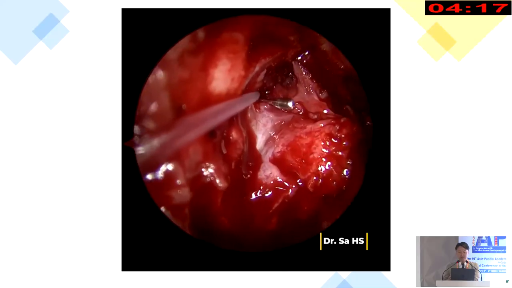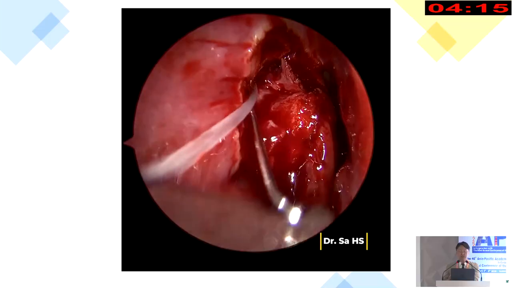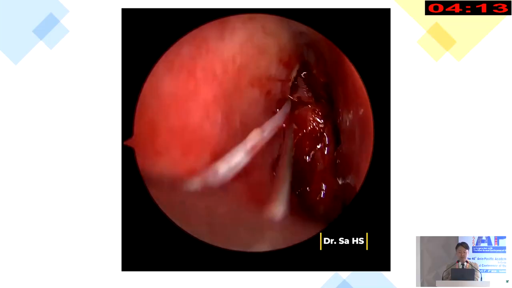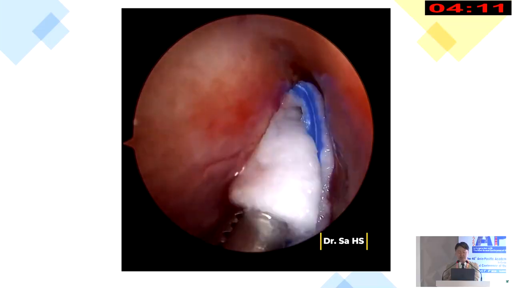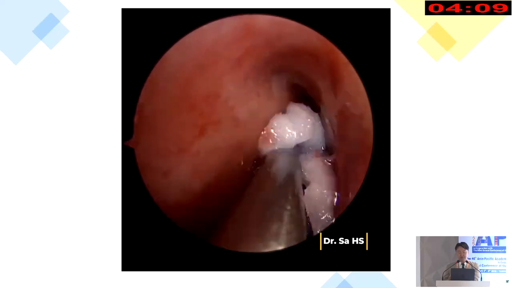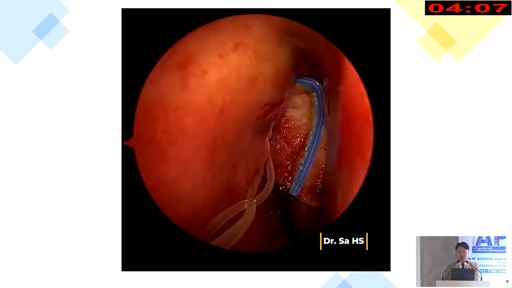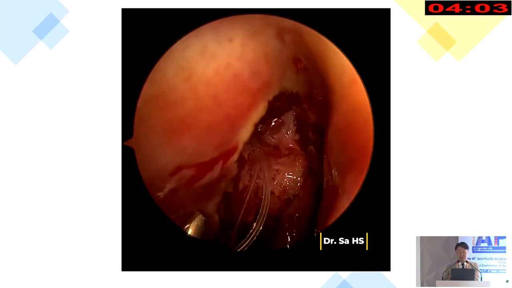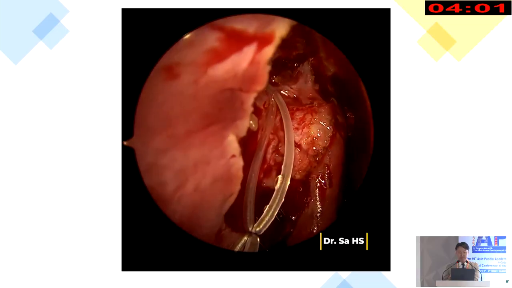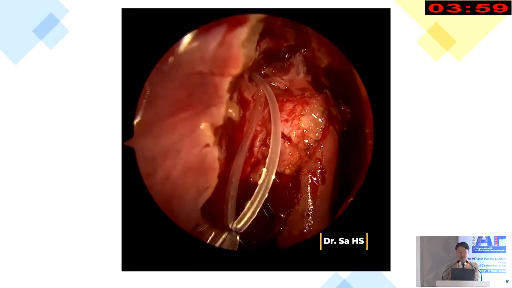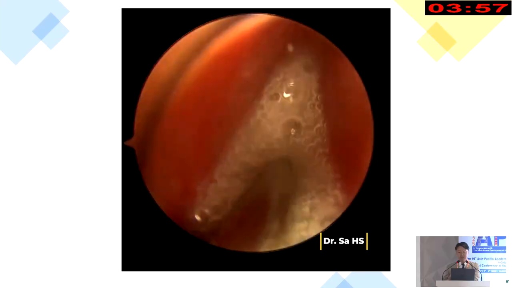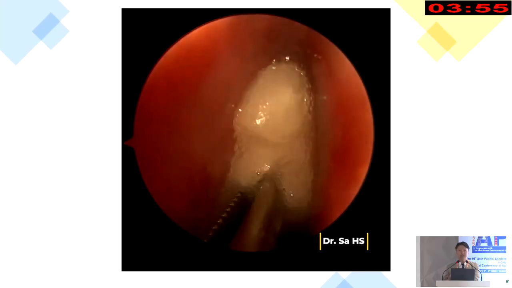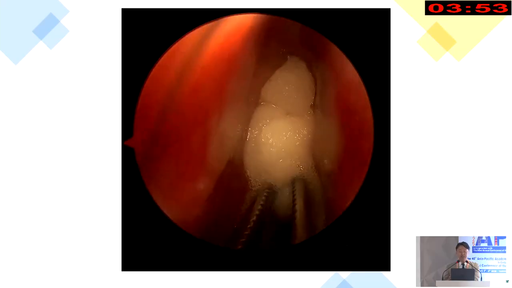As this case is related to the thick ostium scarring, we apply mitomycin C for 3 to 4 minutes, followed by saline irrigation. Lastly, the nasal packing material, which is soaked in gentamicin and triamcinolone steroid, is inserted for packing.